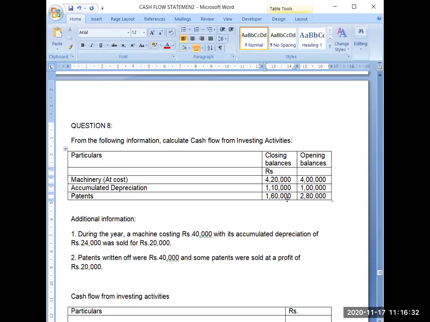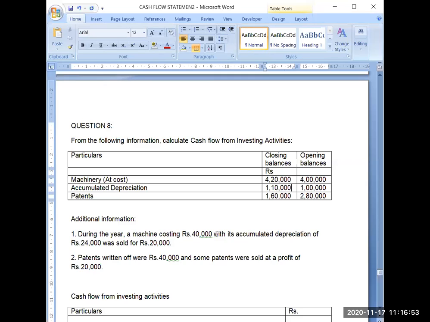During the year, a machine costing rupees 40,000 with its accumulated depreciation of rupees 24,000 was sold for rupees 20,000. So we have sold one machinery.